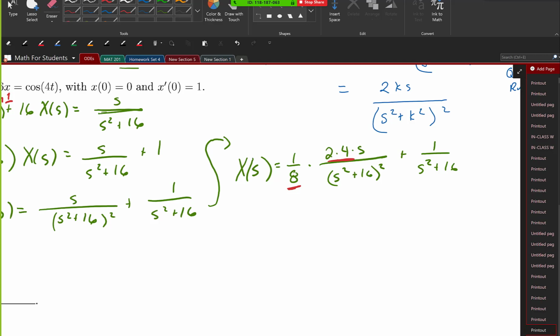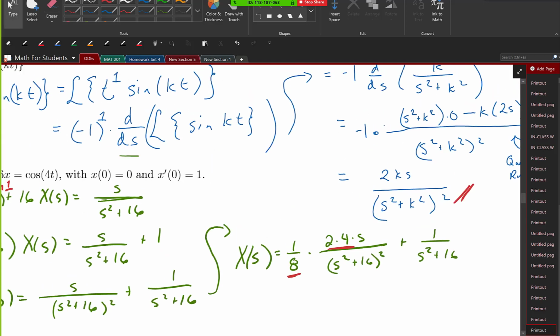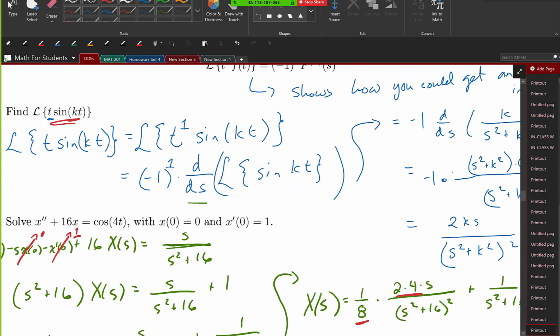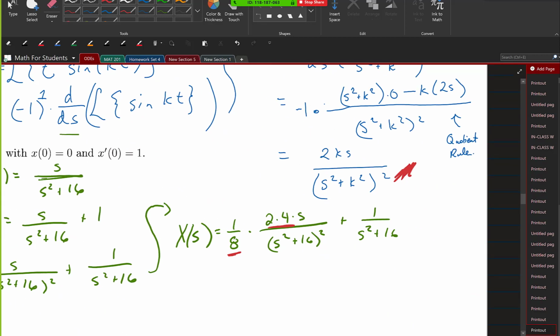Why did I do that? Because we learned in the problem above that the Laplace transform of t sine of kt would be this expression right here. And notice that I've just built an expression that looks like that right here.